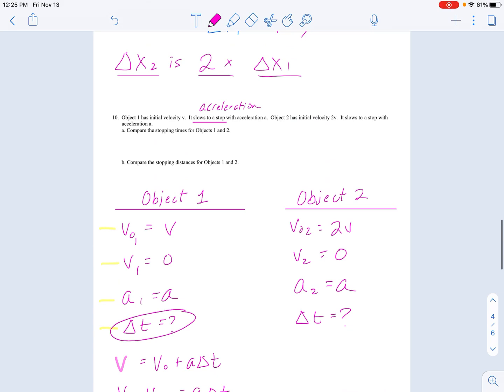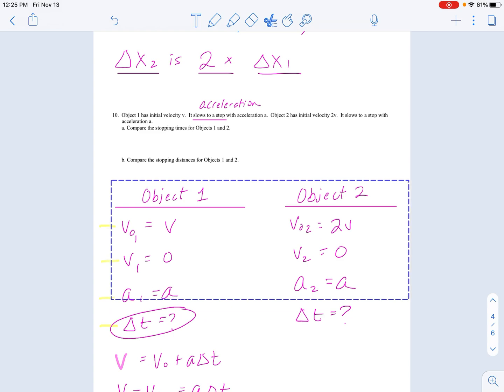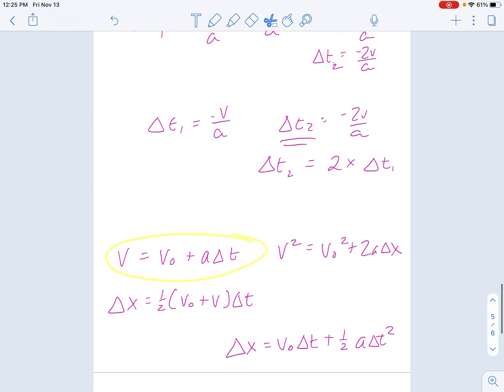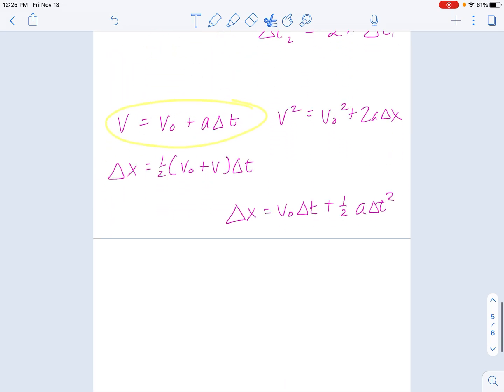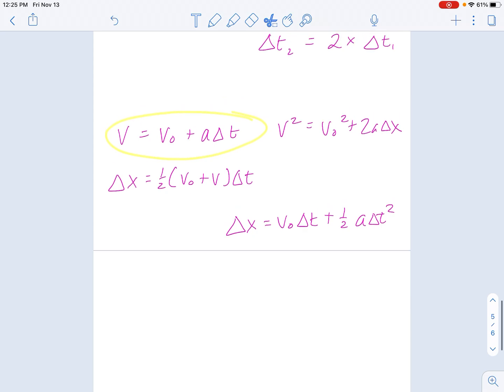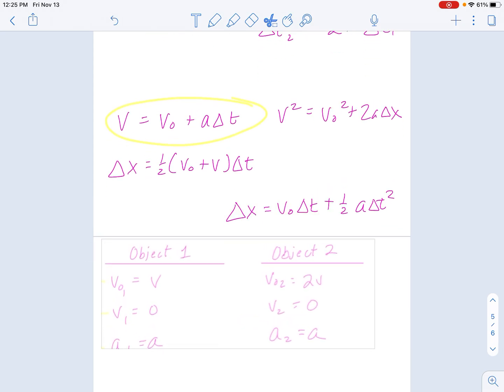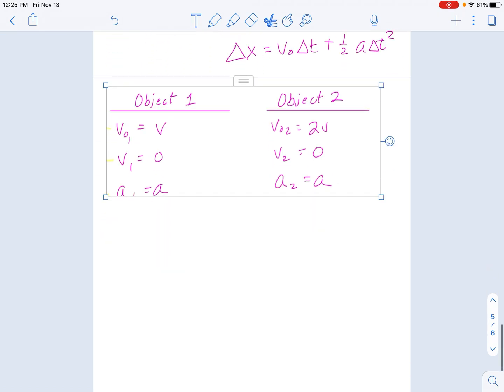Okay, next we're supposed to look at the stopping distances. So what I'm going to do in Notability is I'm going to take a little shortcut here, and I'm going to find the stopping distances.